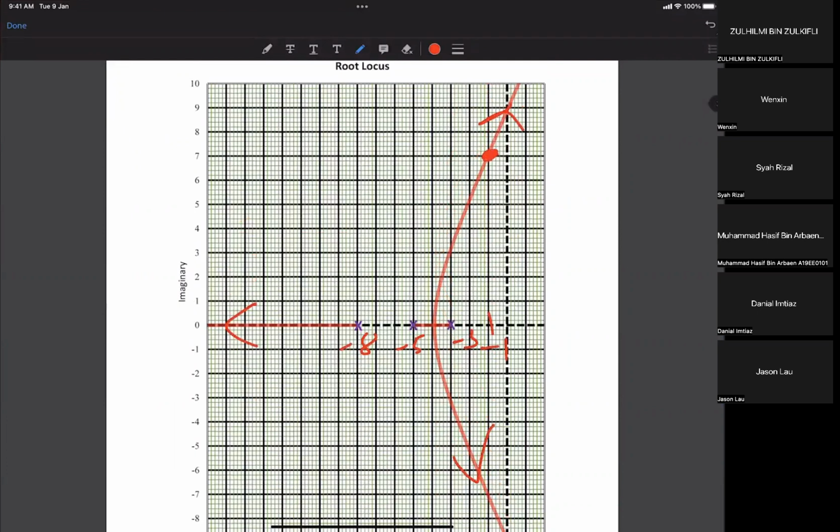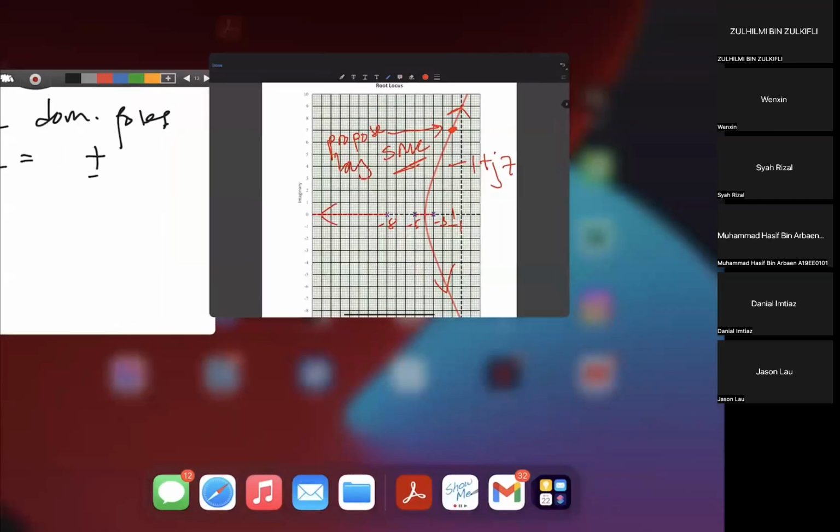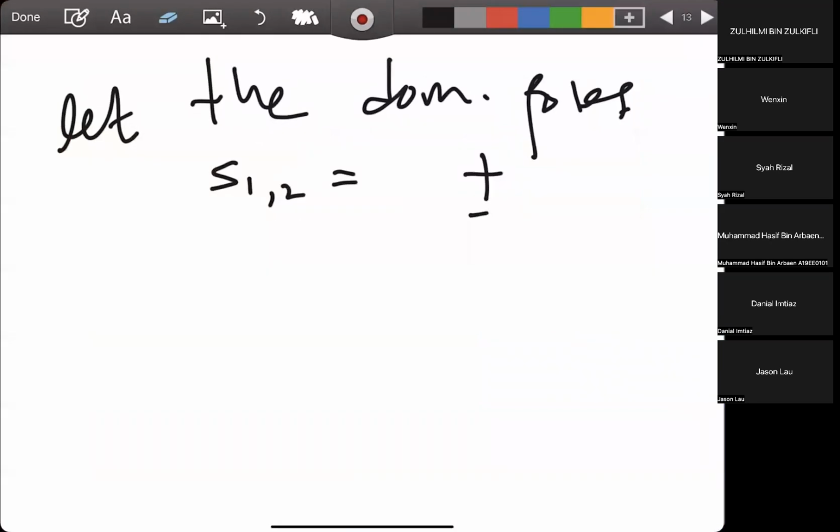This is the proposal by Simichin, minus 1 plus j7 as the dominant pole. Okay, so you want to choose minus 1 plus j6 point something. Okay. Try.